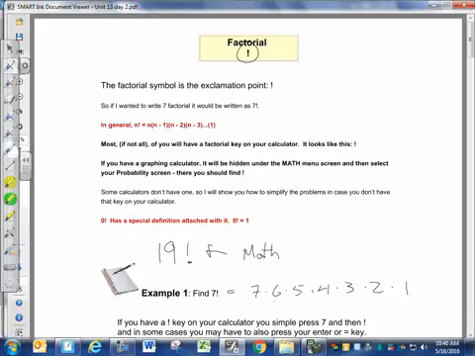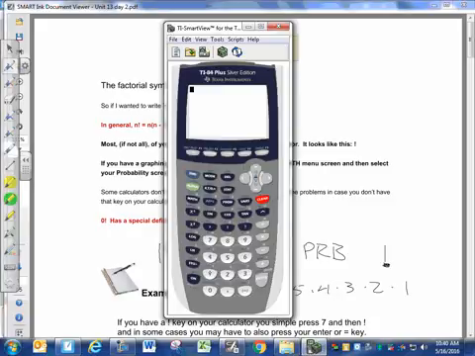You'll see it to the right on the top, and then you'll select the exclamation point. Now you would type it in, the number gets typed in first, then you select the factorial. If you select the factorial first, you have to insert the number to the left of it.